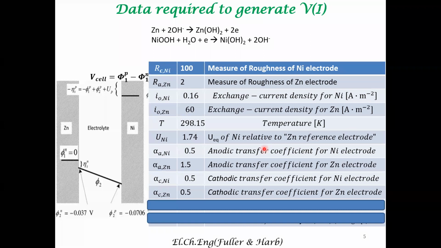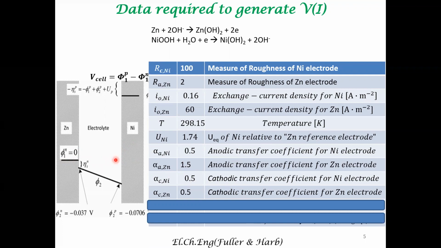The 4 different charge transfer coefficients are 2 anodic charge transfer coefficients corresponding to 2 different electrodes, and 2 cathodic charge transfer coefficients corresponding to 2 different electrodes.